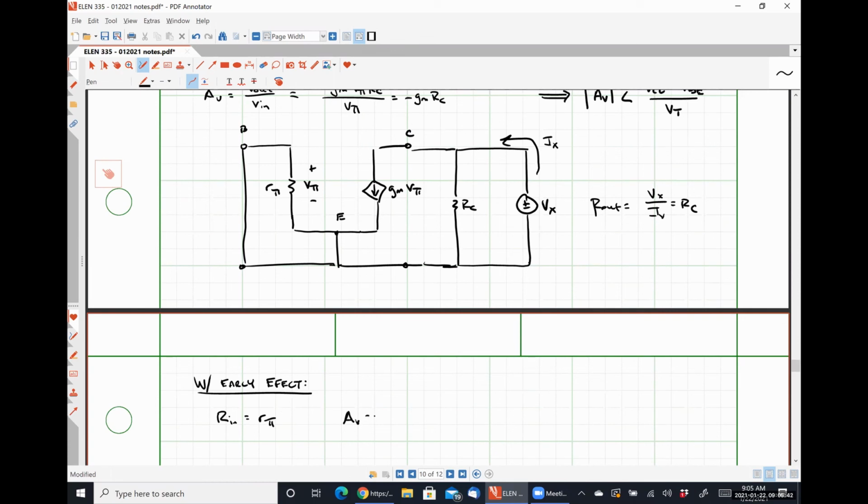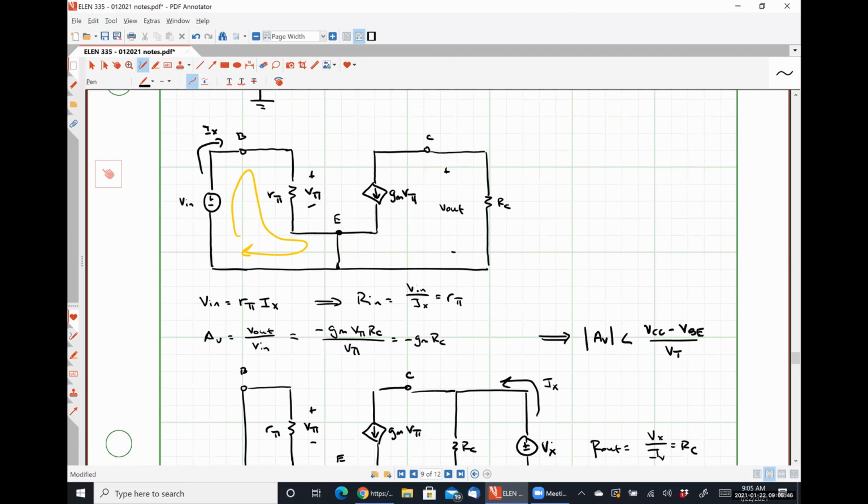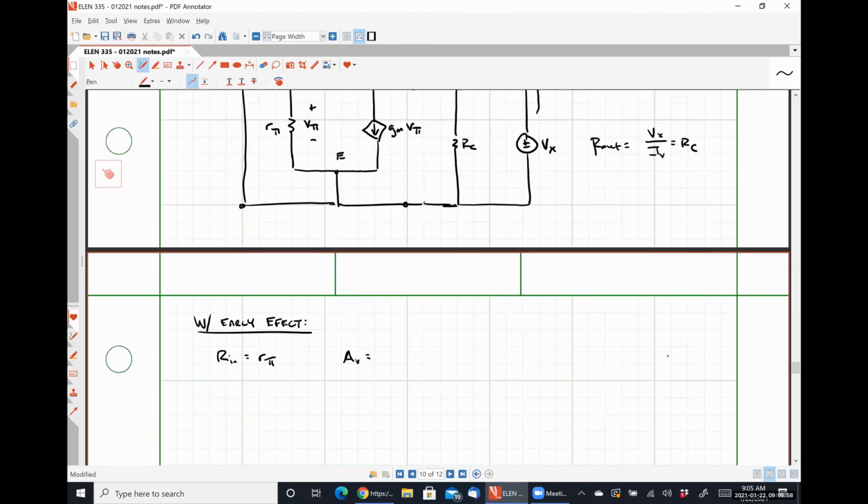Our voltage gain: if we have that resistor R0 in parallel with RC, our voltage gain equation changes, and we would simply replace RC with RC in parallel with R0. So our voltage gain should be negative GM times RC in parallel with R0. How is this going to influence our output resistance?